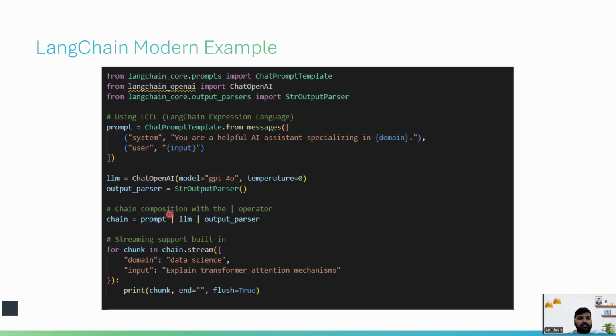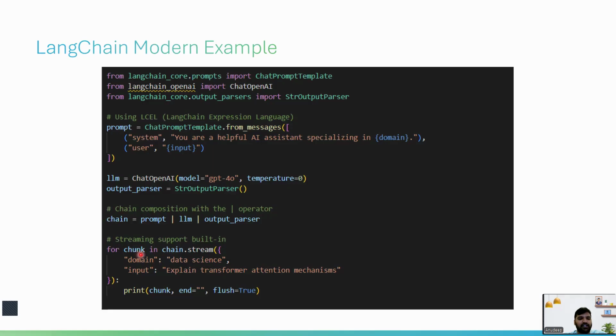Now, chain composition with the pipe operator. We are declaring a chain saying the prompt declared above should be sent into the LLM, and the LLM output should come out through the string output parser. So it's like a chain, and that's why it's called LangChain. As simple as that.